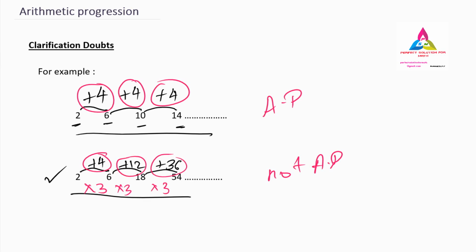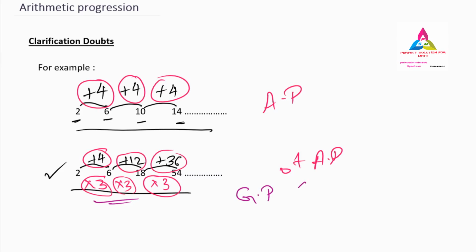So the difference is not the same, but when you do the multiplication, the question was: if you have the same multiplication for each term to get the next term, will it be called an AP? No, because it is multiplication, but it has another name. This kind of multiplication sequence we call a GP, geometric progression.